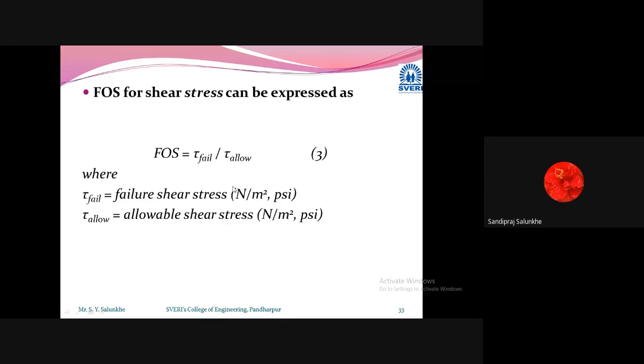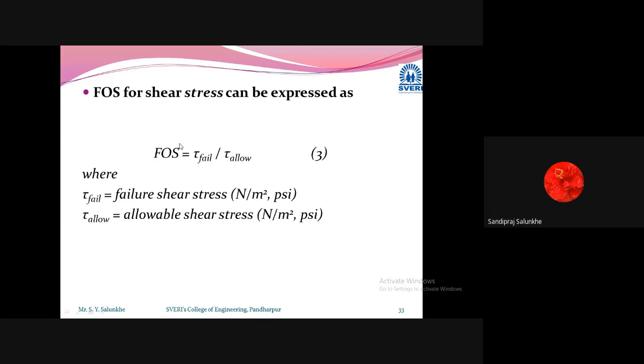One has to always see the units while doing the calculations. Otherwise, we may get wrong results if you are not concentrating on the units. So we'll consider tau suffix fail as the failure shear stress in Newton per meter square or Pascal, and tau suffix allow as the allowable shear stress in Newton per meter square or Pascal.